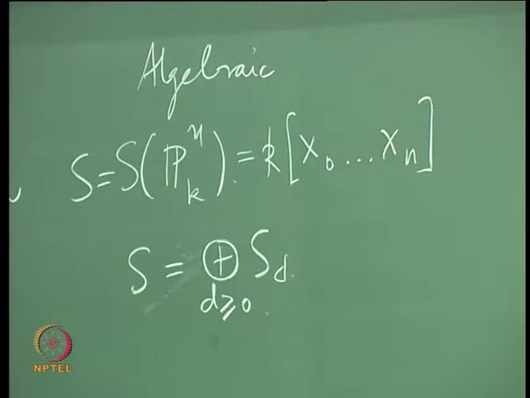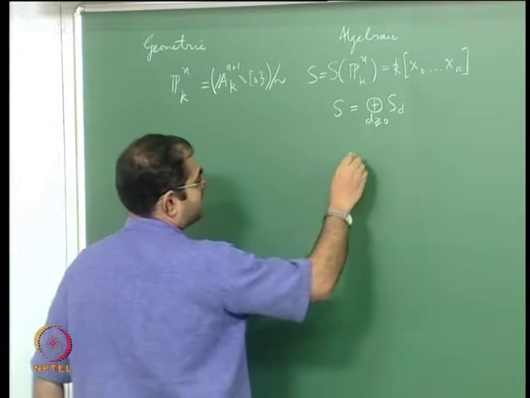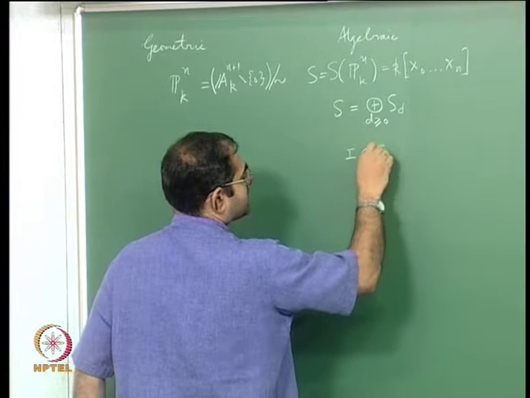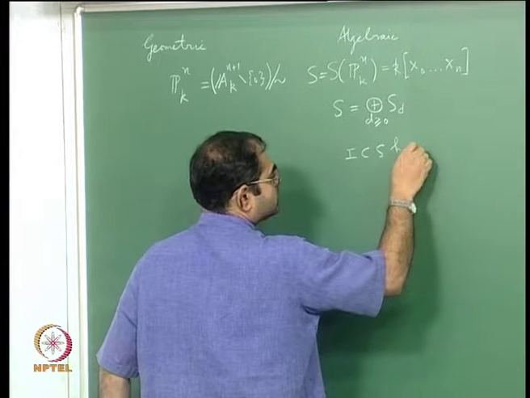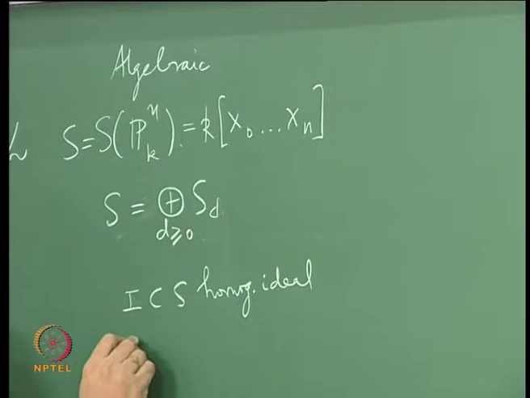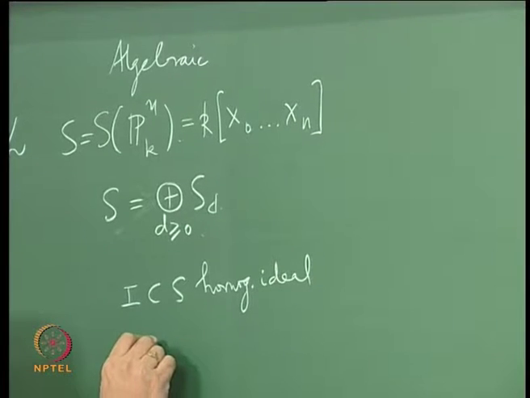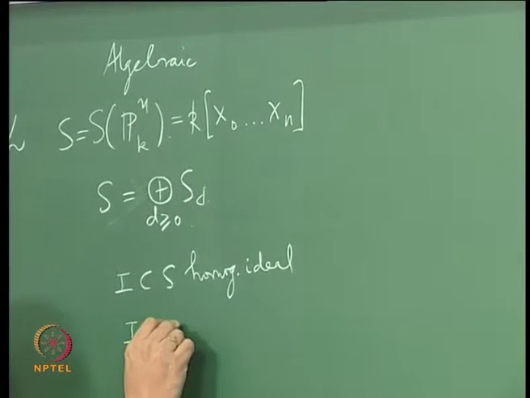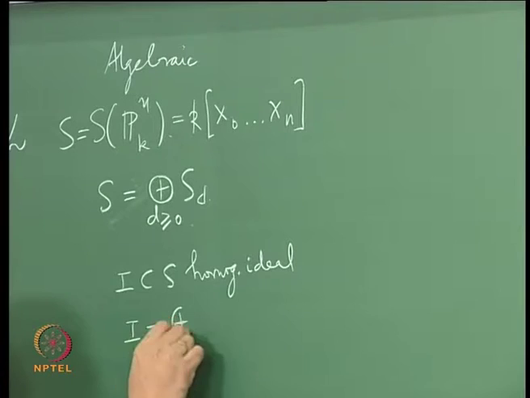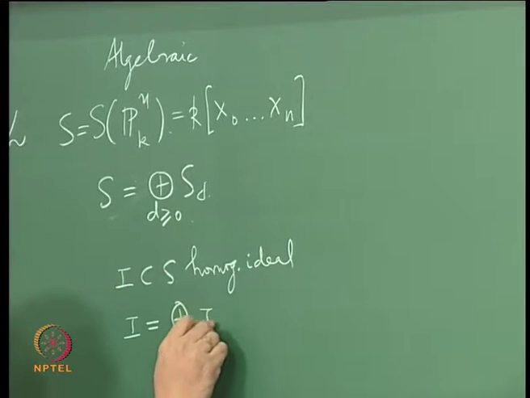In fact the Zariski topology is defined like this on the projective space. You start with I in S a homogeneous ideal. The condition for homogeneity is that the ideal I should be the same as the direct sum of all its pieces I intersected with S_d.